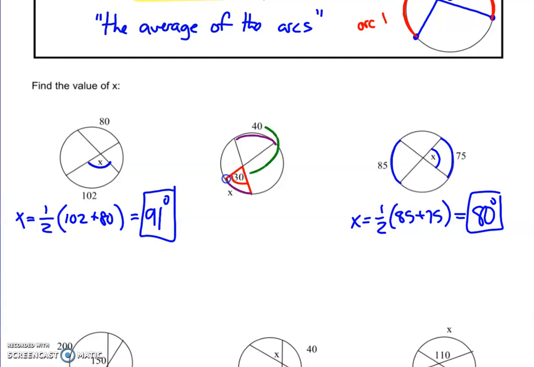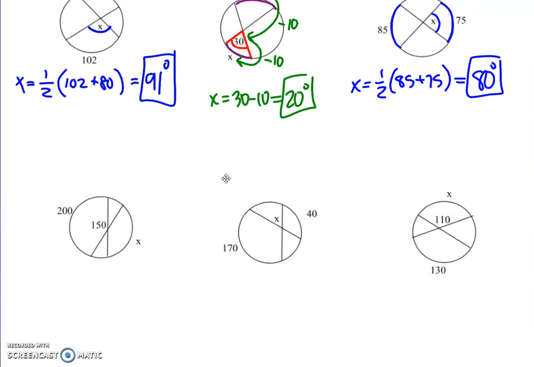I go from 40 to the angle to the arc, and I look at what we did each time. So going from 40 to 30, I subtracted 10, which means going from 30 to x, you also have to subtract 10. So x equals 30 minus 10, or 20. And I just find that to be the easiest method for finding the arc when I give you the angle.